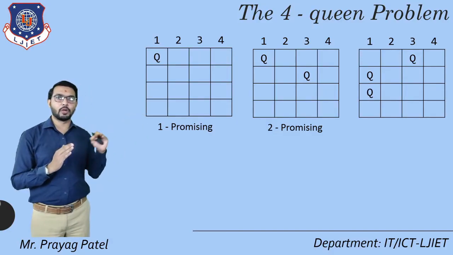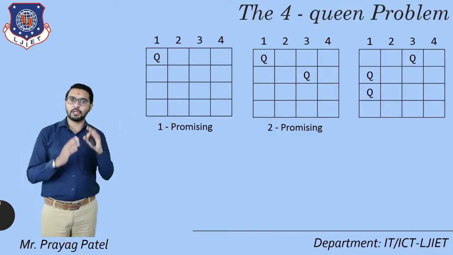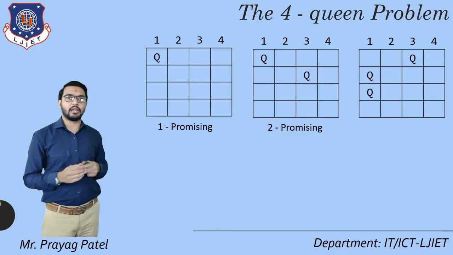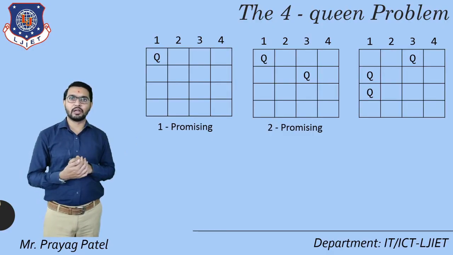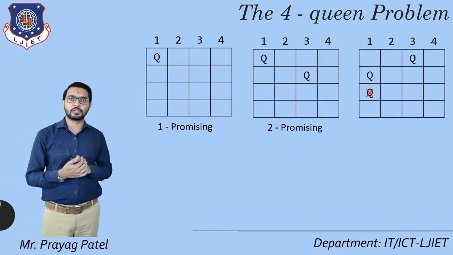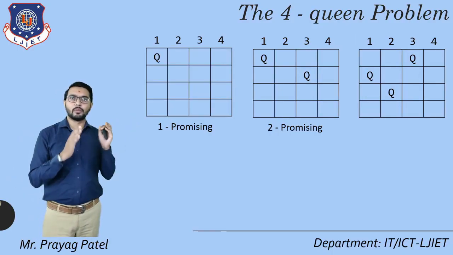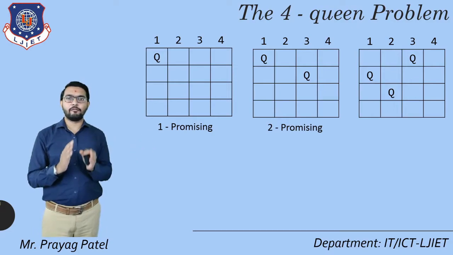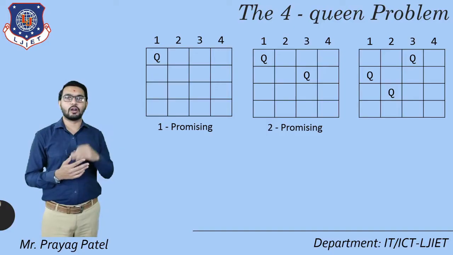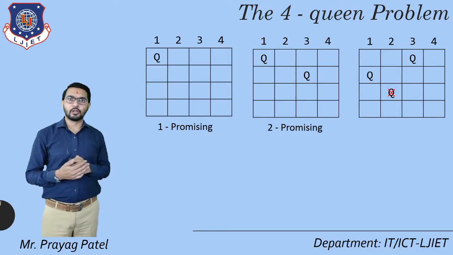Now after row number 2, consider row number 3, because in any row you can put only one queen. For row number 3, column number 1 is not possible because one queen is already in the first column. Now consider column number 2. If we put the queen in column number 2, it is on the diagonal of the previous queen. So this is not possible.